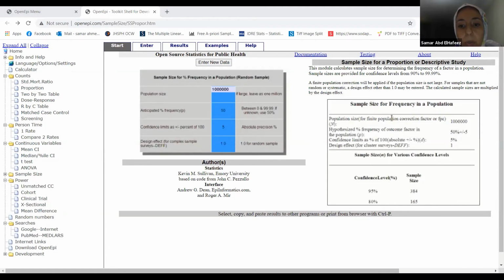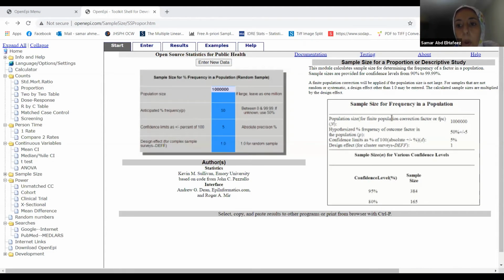Yes, for the prevalence. Based on previous literature, a study was done in another country nearby, in Cairo, and they reported that the prevalence of post-traumatic stress disorder among ICU patients was 32.3%. So what's the situation in Alexandria? This is my research question.